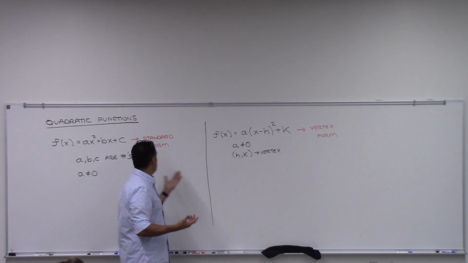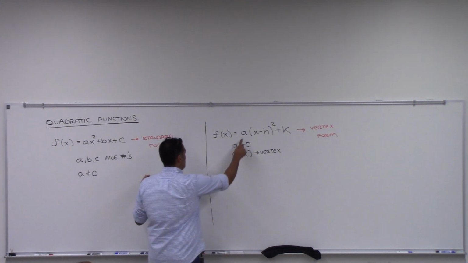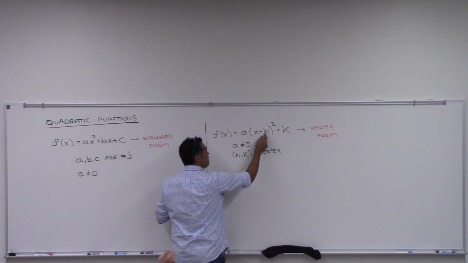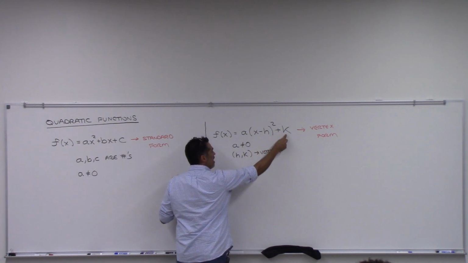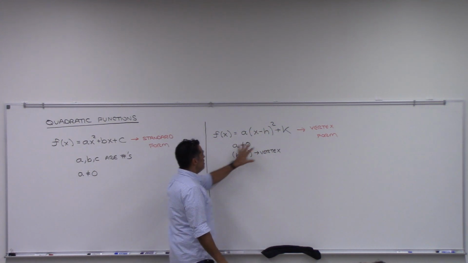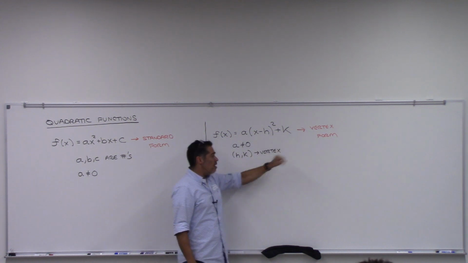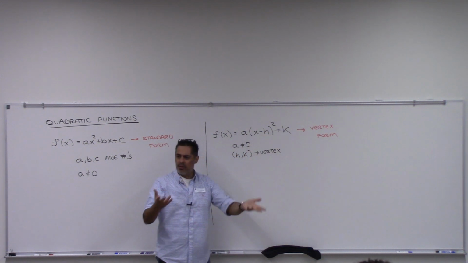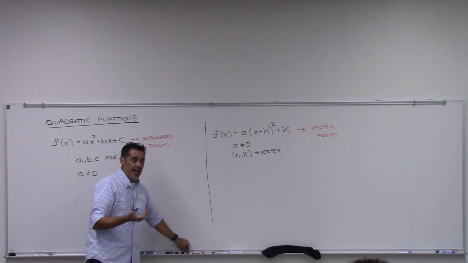You've got a here, but instead of bx plus c, what you have is x minus h, that quantity squared, plus k. The reason it's called the vertex form is because these two numbers give you what the vertex is. The best way to illustrate this is to give you an example.